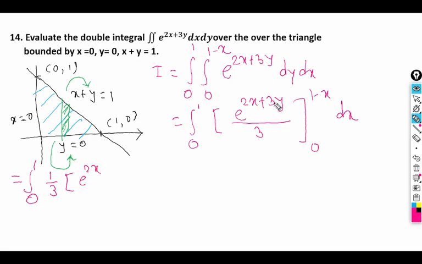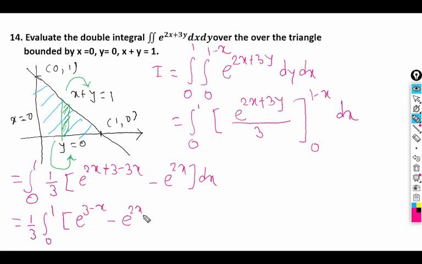Now we replace y by 1 minus x, so we get 3 minus 3x. This for upper limit. For lower limit we replace y by 0, so minus e raised to 2x. So indirectly 1 by 3 constant we have taken outside the integral 0 to 1. This becomes e raised to 3 minus x minus e raised to 2x dx.